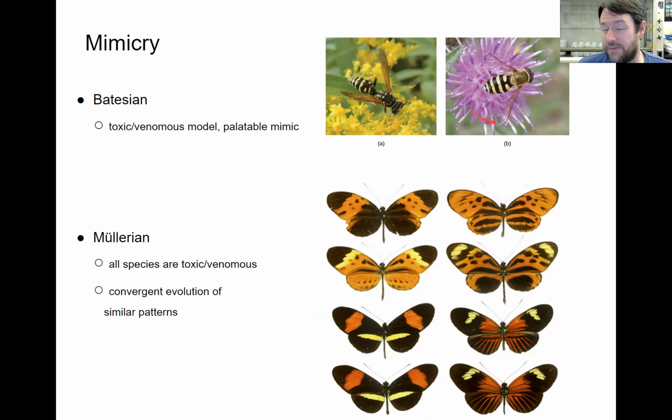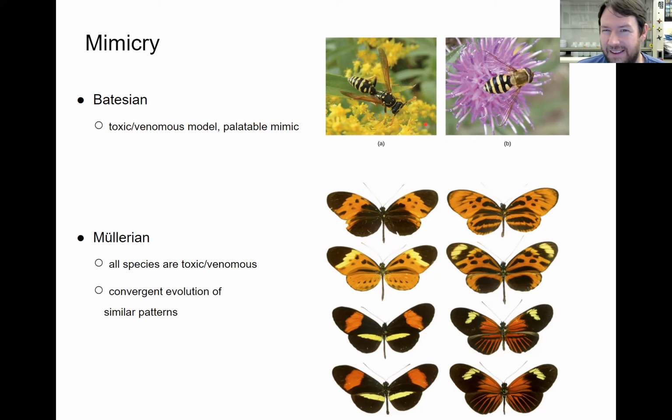They actually are predators, but they aren't venomous. They can't sting a mammal and cause great pain. So here the model organism is toxic or venomous, and the mimic is palatable. It could be eaten, it's just not because it's got this color pattern, right? So this is called Batesian mimicry.